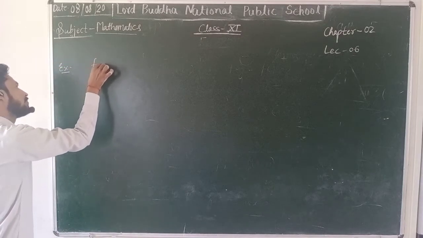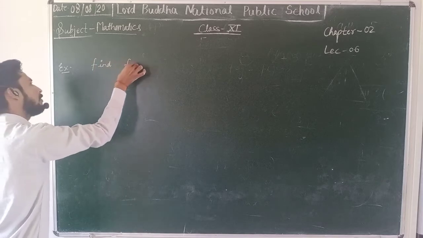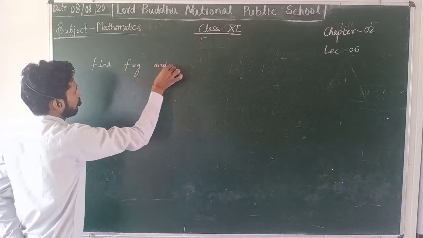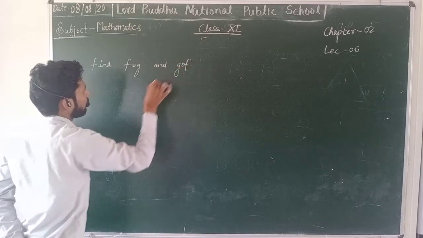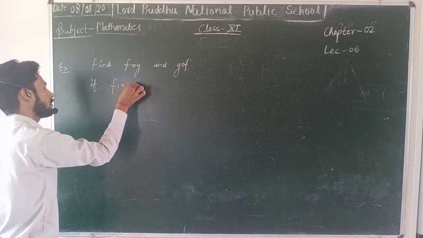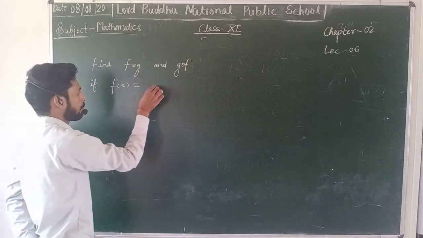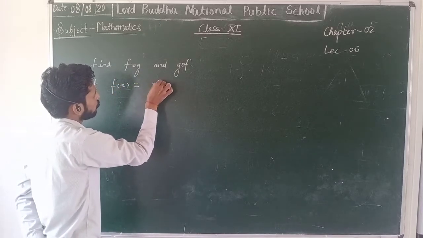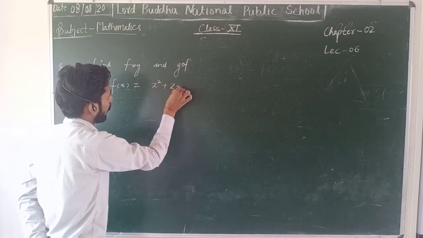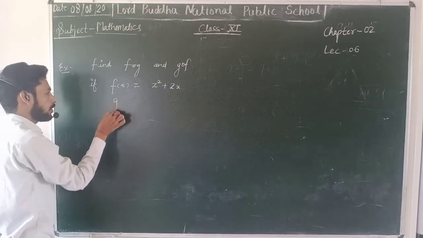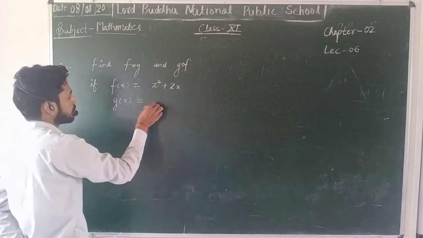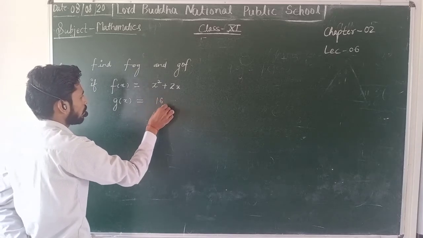Find f of g and g of f if the function f of x is equal to x square plus 2x and g of x is equal to 16x.